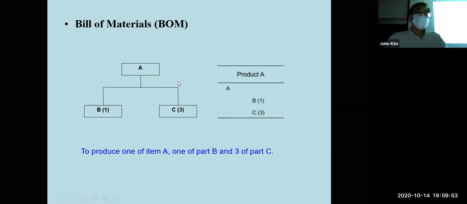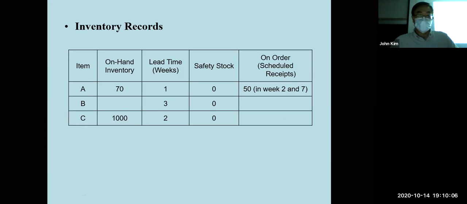And then bill of material structure: type A product, the final product, needs 1 B and 3 C. Inventory record file: on hand A 70, C 1000, B there is no inventory on hand. Lead time 1, 3, 2. If there is no safety stock, and already ordered 50 A final product, they will come in week 2 and week 7.